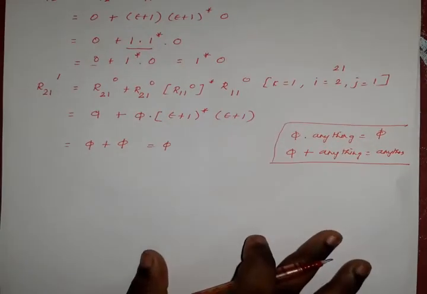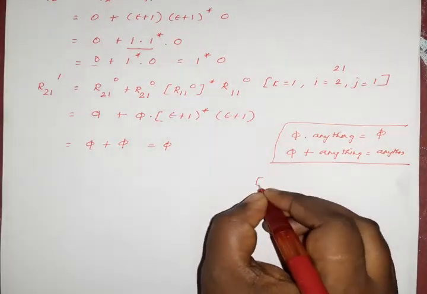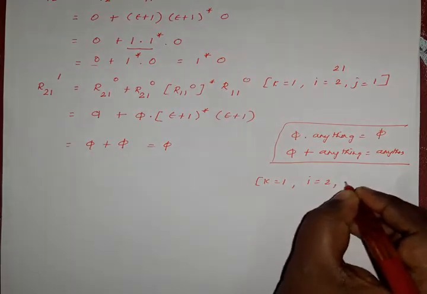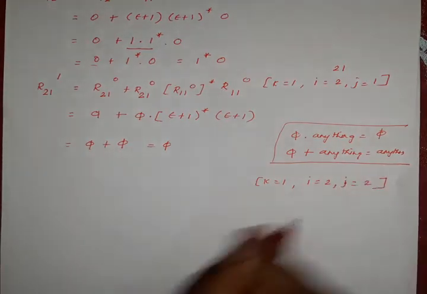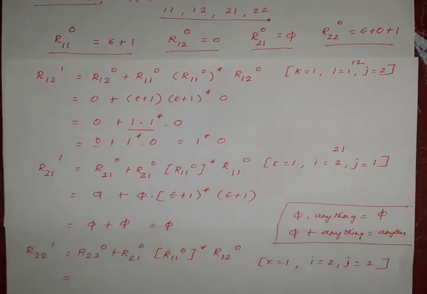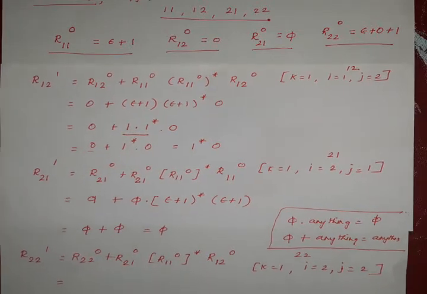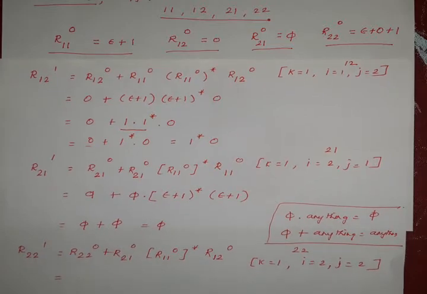So the last combination is k with the same value 1, i value is 2 and j value is also 2. Now the expression is here: k value is 1 and i value is 2, j value is 2, the last combination, right? So this is applied in the Rijk formula. So we are getting this equation. From this equation we are going to substitute the particular values.